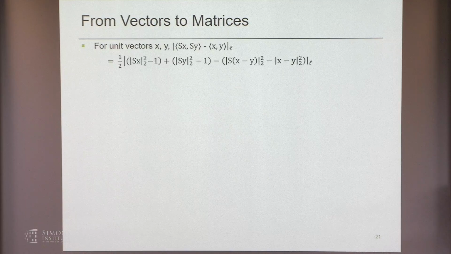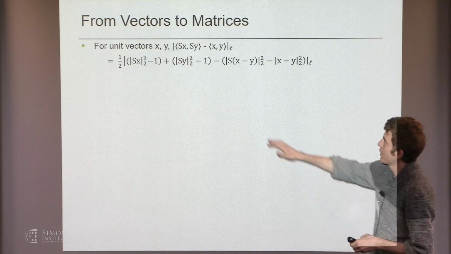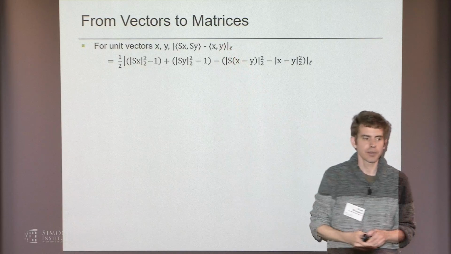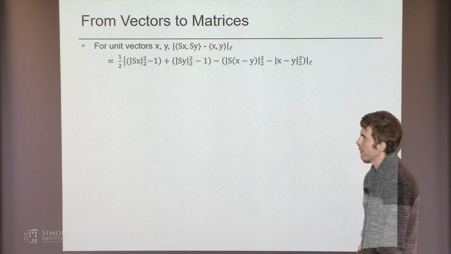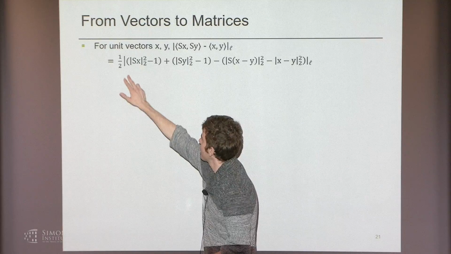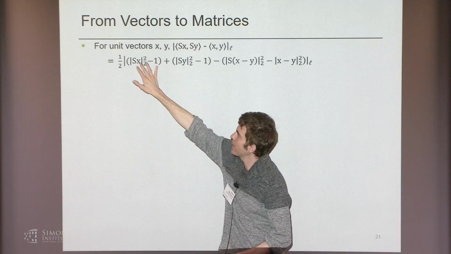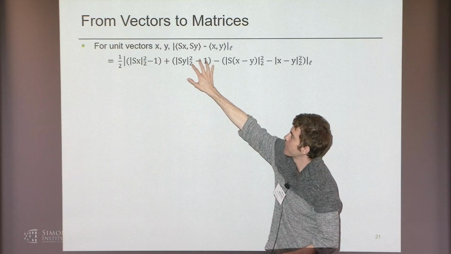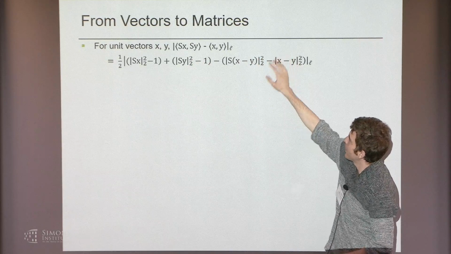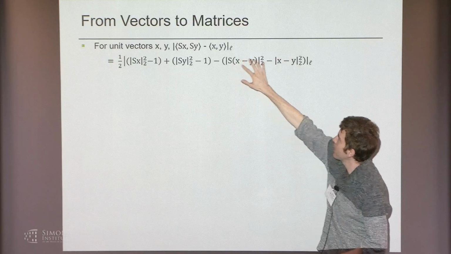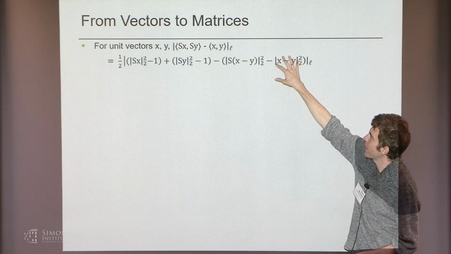Let's write out an expression for this difference. One way of writing this, I claim, is 1/2 times the squared norm of Sx minus 1, plus the squared norm of Sy minus 1, minus the squared norm of Sx minus Sy, minus the squared norm of x minus y.